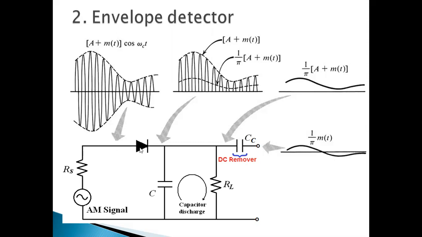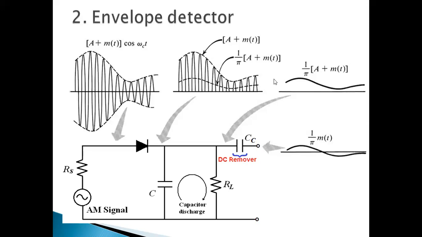When the positive half cycle reaches its peak value, the capacitor charges up to that value. Whenever the peak value decreases slowly, the capacitor starts discharging also.